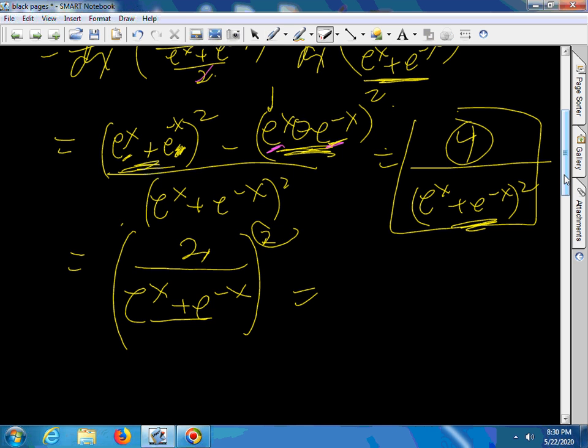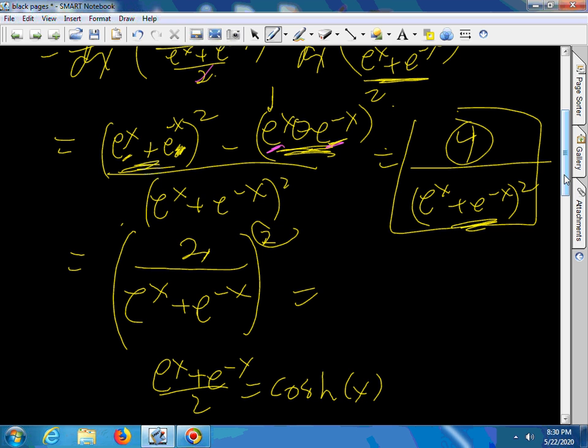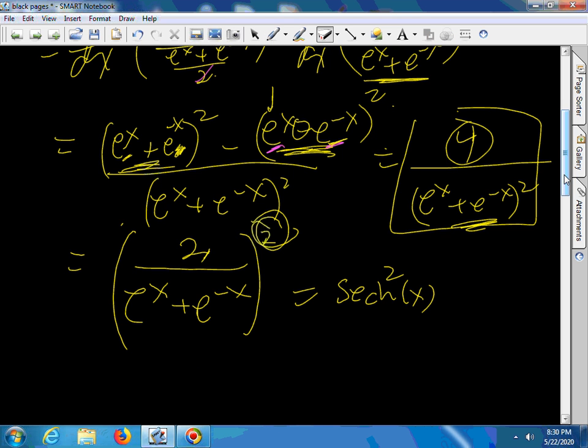And then you say, oh, you know, if it were e to the x plus e to the negative x over 2, that would be hyperbolic cosine of x. But since it's flipped over, what's in the bracket is going to be the hyperbolic secant of x. But we have to square it. There is your derivative for hyperbolic tangent of x.